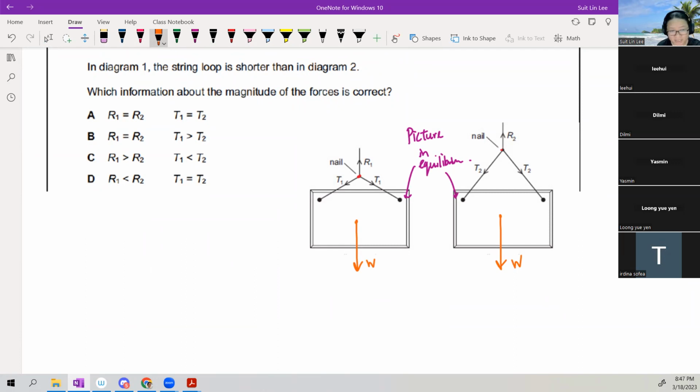Okay, but what is holding the picture up? The thing that's holding the picture up is this tension here, T1. Remember, rope is used for pulling, so it can pull on the nail, but the action-reaction pair would be pulling onto the picture. Okay, two different bodies. Nail pulls picture, picture pulls nail through the rope. Likewise, there's another T1 here.